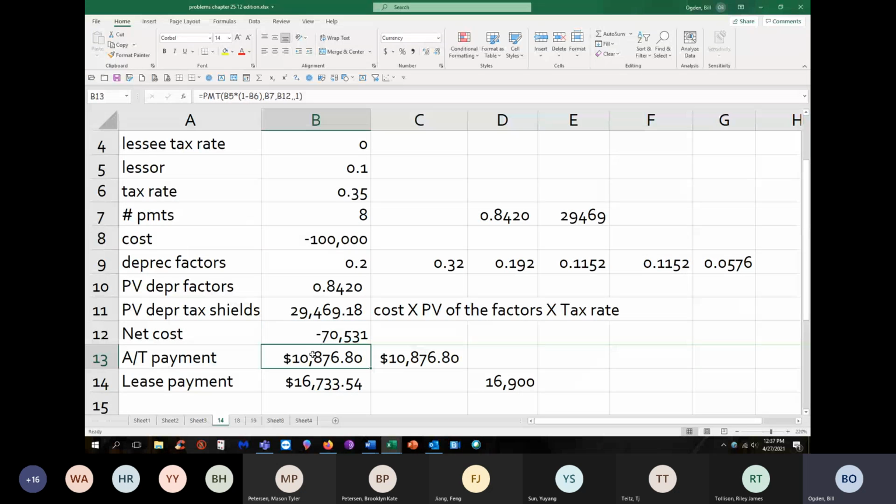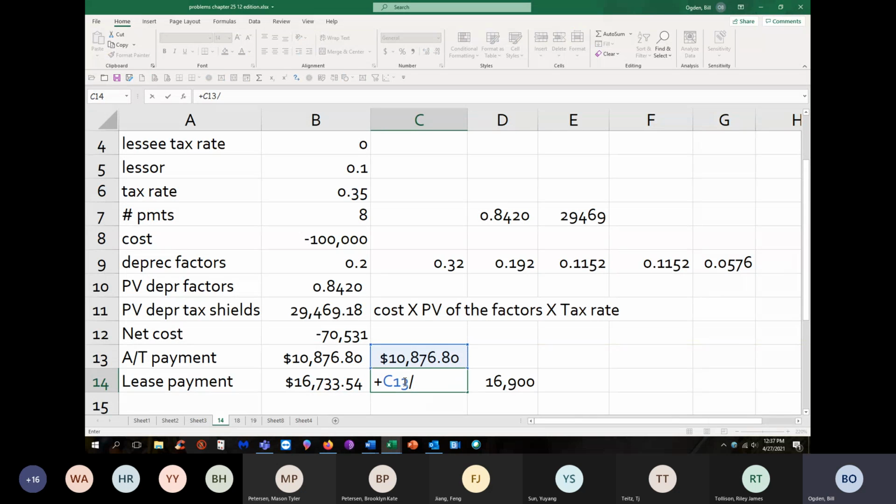And this is what I get after tax, so I want to convert that to before tax. So I just divide it by 1 minus t. And that's where I get to 16,733. So it's a $16,900 lease. The lessor could have gone as low as 16,733.